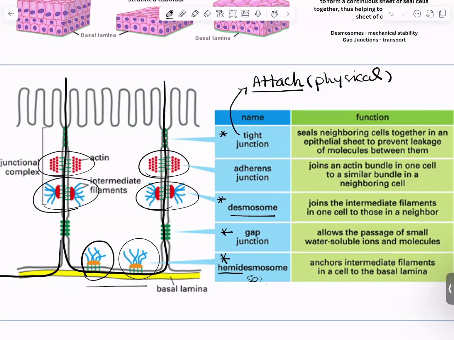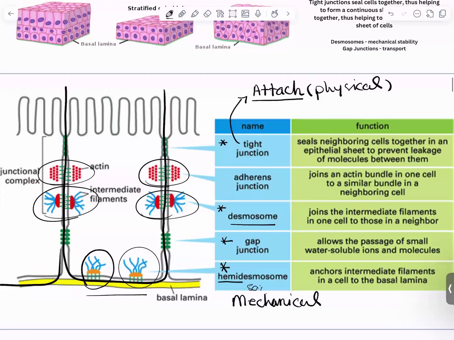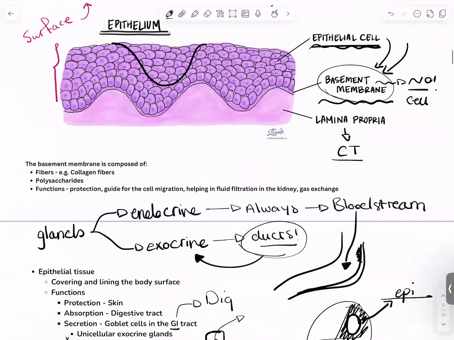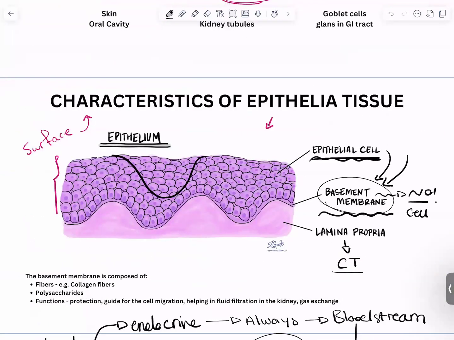What is the function of hemidesmosomes and desmosomes? They are mechanical junctions. Do you remember I told you, let's go back to this picture. I told you that epithelial tissue is connected to the basement membrane. How? With desmosomes. With the help of those specific junctions, the cells are connected to the basement membrane.